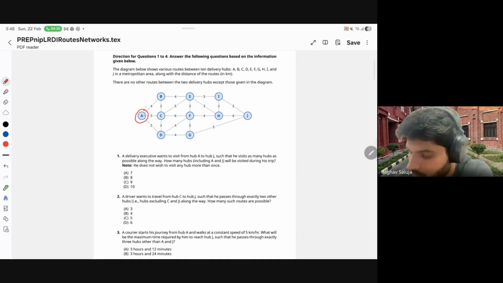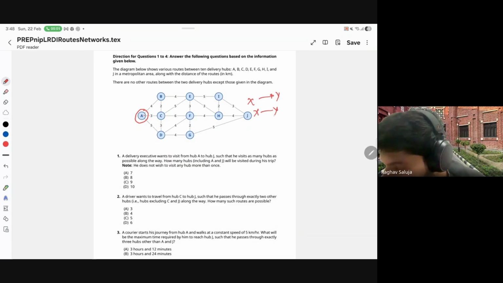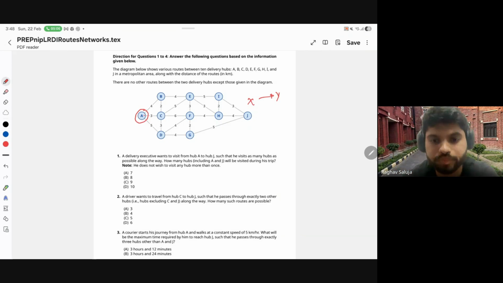What the arrows mean, let's say if there is an arrow between X and Y, it means you can go from X to Y, but you can't go from Y to X because it's single directional or unidirectional. But if there is no arrow, it means you can go both directions. You can go from X to Y as well, and you can go from Y to X as well.